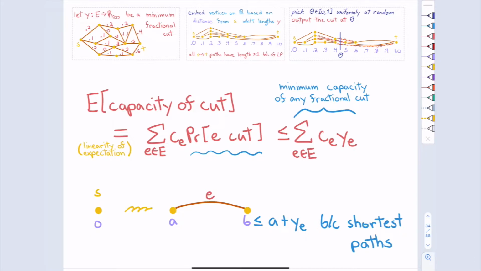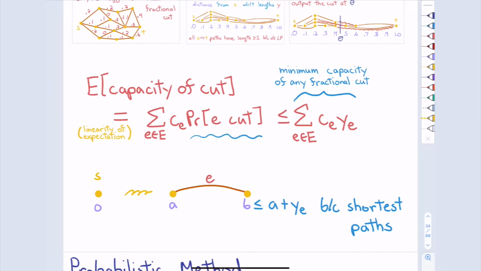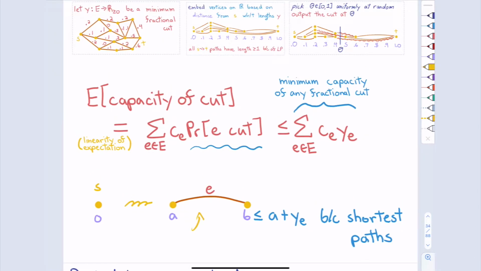By linearity of expectation, of course, we just need to figure out the probability of each edge being cut. Now, if we look at an edge like this down here, an edge E between A and B, that edge was given some length y_e from the LP, right?